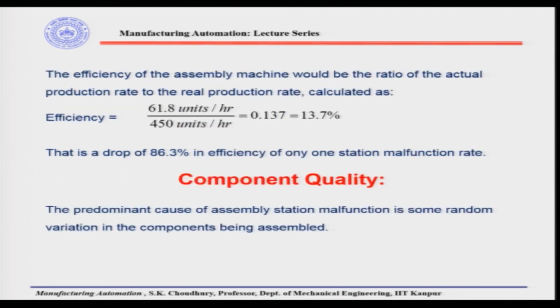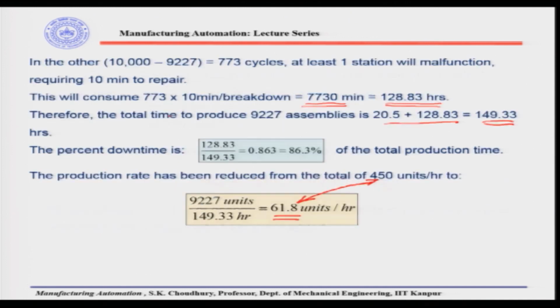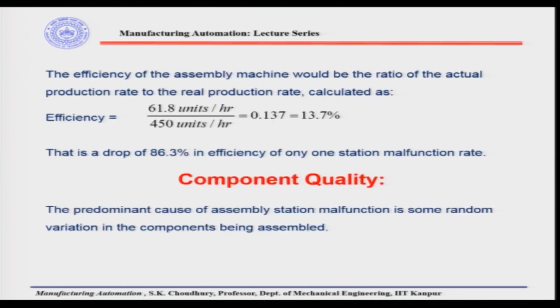So, therefore, the efficiency of the assembly machine would be the ratio of the actual production rate to the ideal production rate, and that can be calculated as 61.8 divided by 450 units per hour. So, this is 13.7% efficiency.